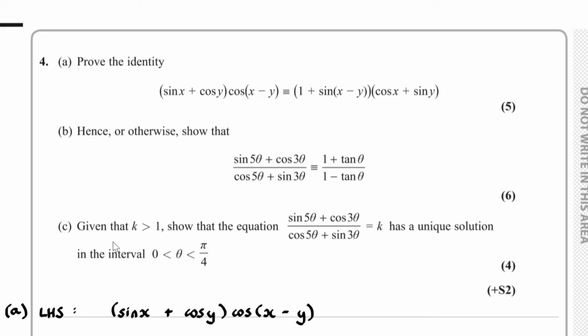For part C of the question, we are given that k is greater than 1, and we have to show that the equation sine of 5 theta plus cos of 3 theta over cos 5 theta plus sine 3 theta equals k has a unique solution in the interval from 0 to pi over 4.